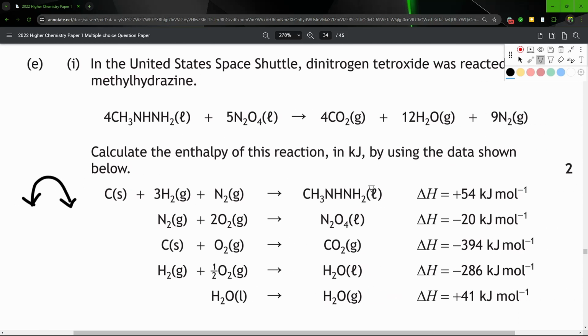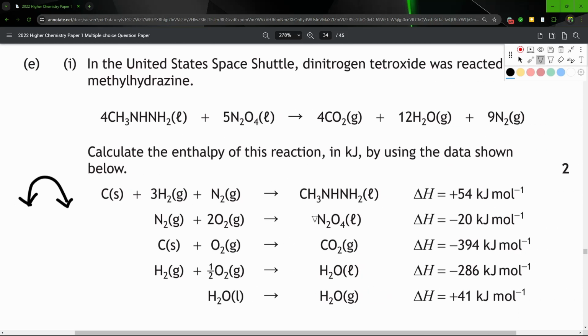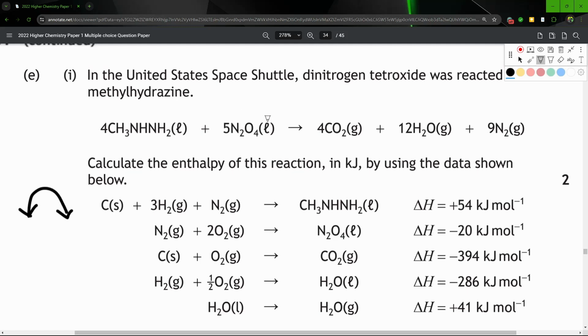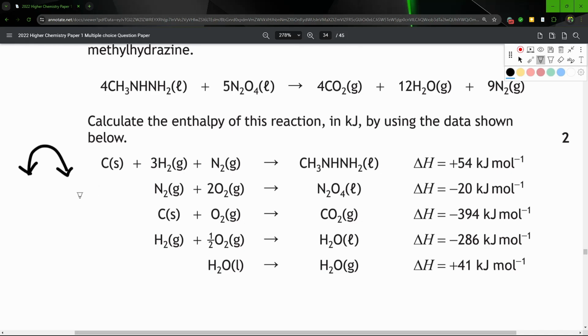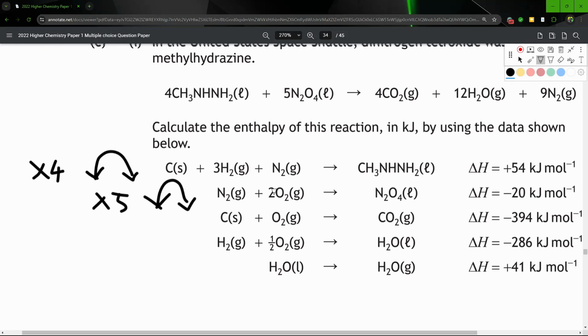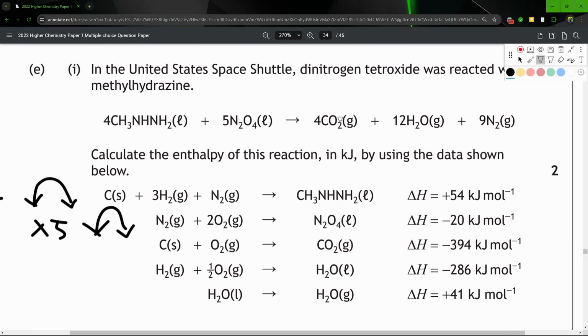But we'll continue going down. And then we also need to flip this equation here because it reacts with dinitrogen tetroxide, and we need 5 of them. Then carbon dioxide is on the correct side, but we do need to times this by 4. So that means we can have 4 carbon dioxides.